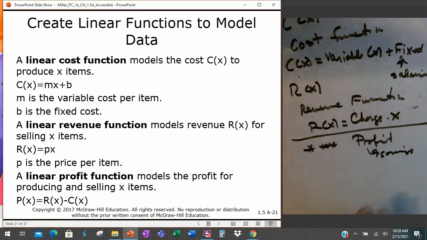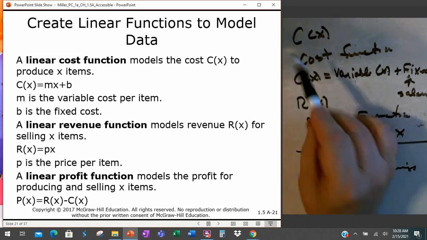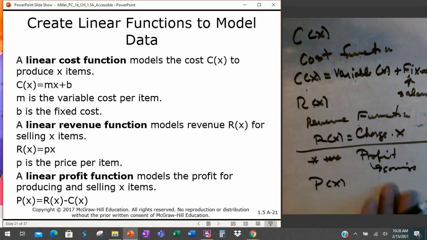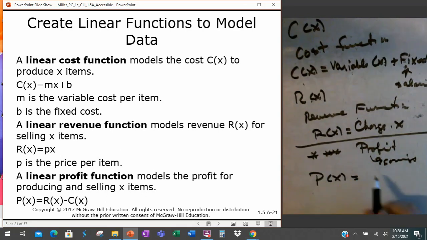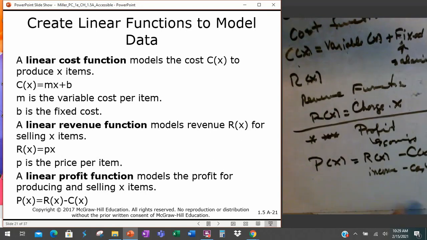The profit function looks like P of X. With C of X as cost and R of X as revenue, the profit you made is basically your revenue, your income, minus your cost. The break even is when you have no profit.